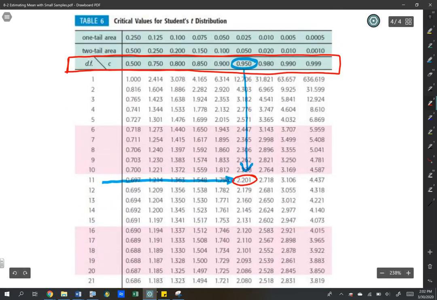All right, so that changes all this. Now we're getting 3.106.